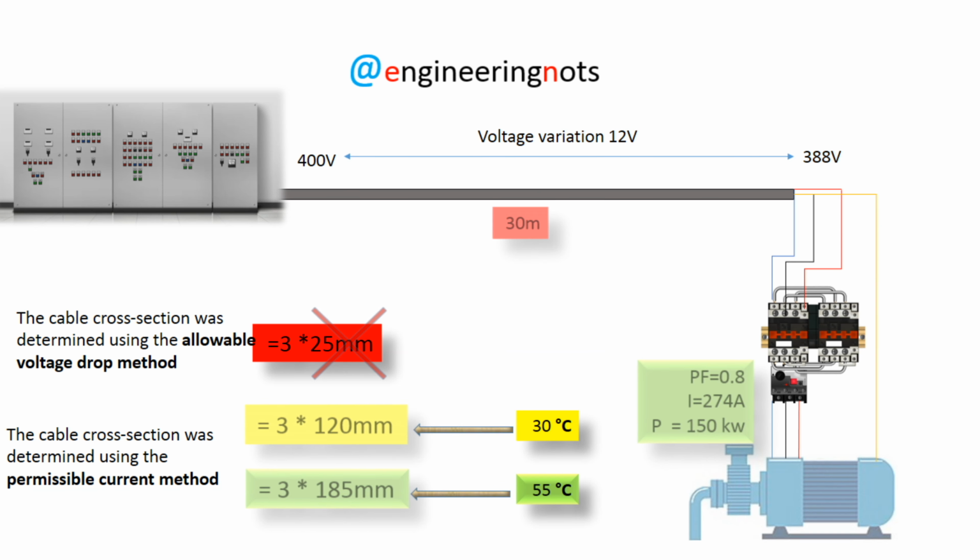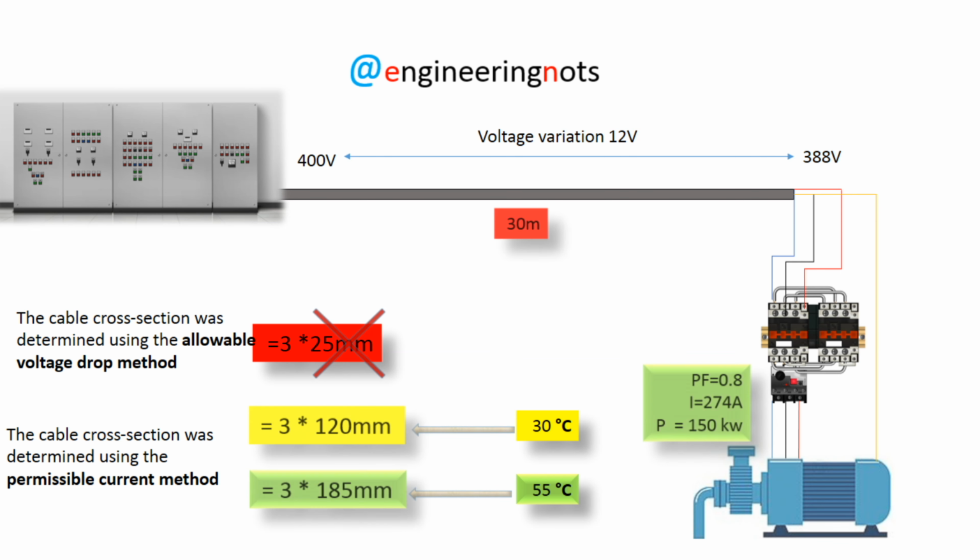If the ambient temperature where the cable is installed is usually between 30 and 35 degrees Celsius, according to the tables we use a 3-core, 120 square millimeter cable. But if the temperature reaches 45 degrees Celsius, a correction factor must be applied. In that case, the appropriate cable cross-section for our project becomes 185 square millimeters.